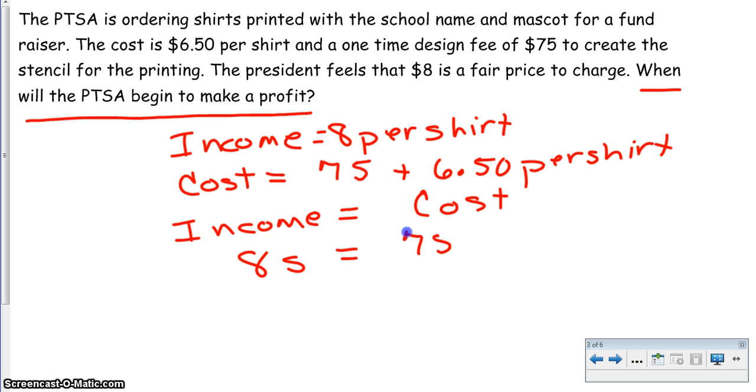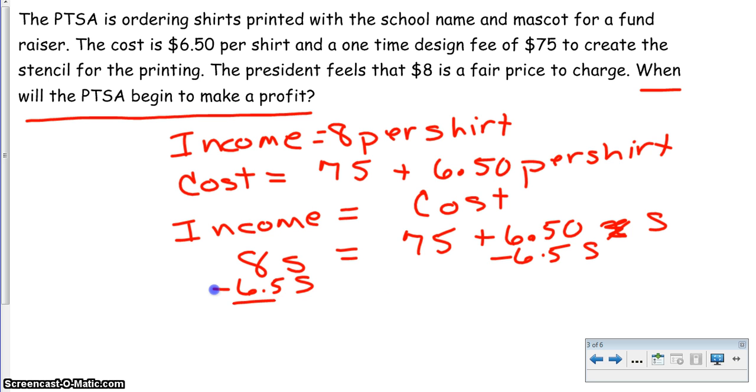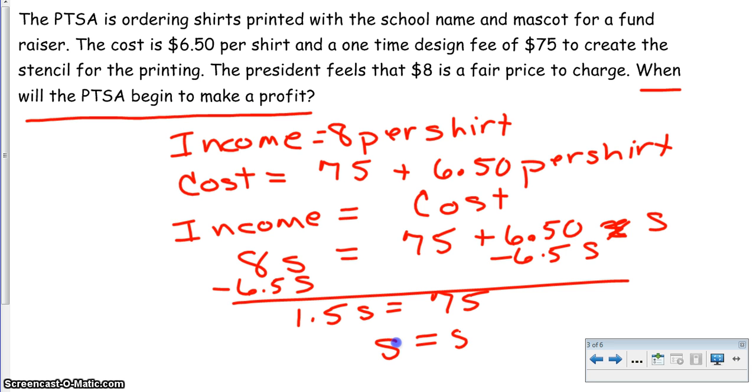Cost is 75 plus $6.50 per shirt. Whoops, let's make that an S. Okay. Let's subtract 6.5S from both sides. That means 1.5S is equal to 75. That means the number of shirts is equal to 50.